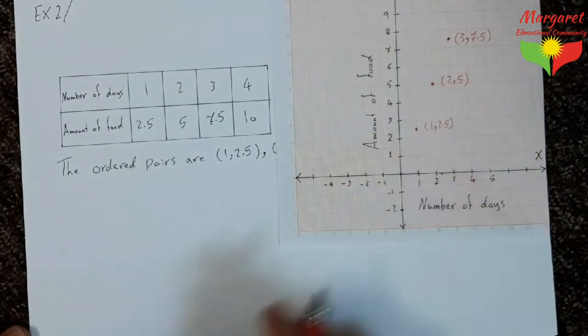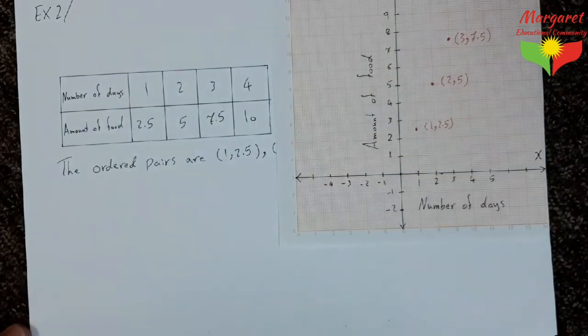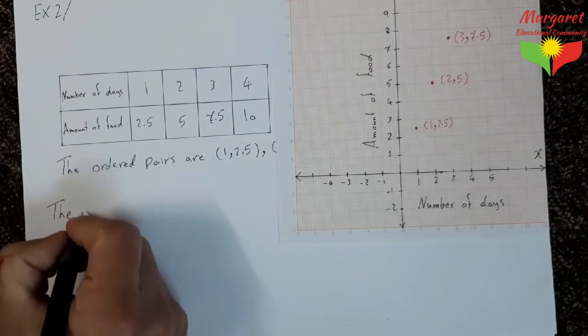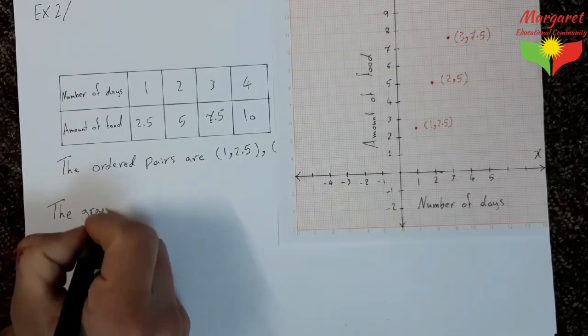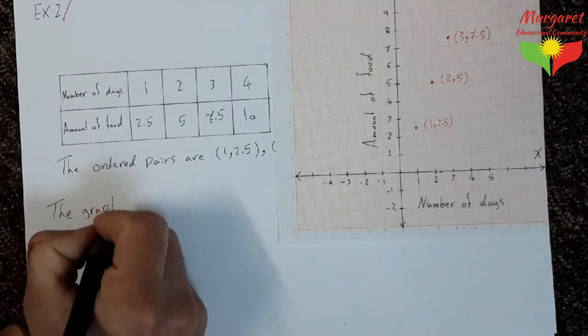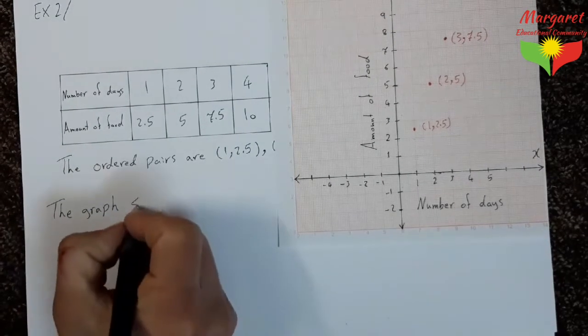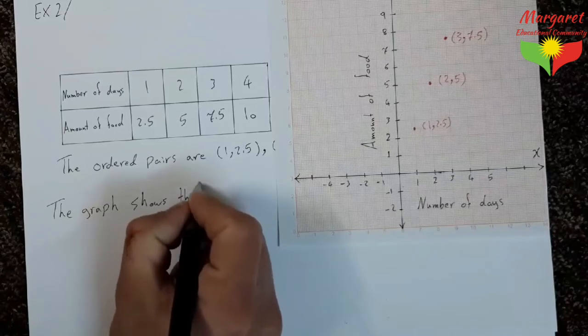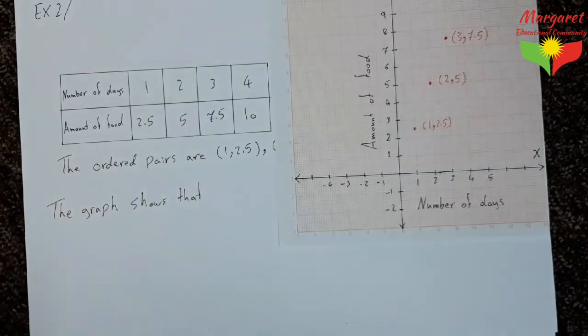And the graph shows that for each additional day, 2.5 additional units of food are needed for 1 lion cub.